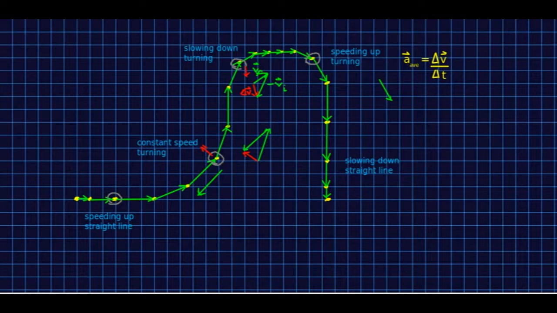And I'm going to copy my negative vi, which is going to point this way. And so here's my delta v. And I'll just copy it in. And you see that it is also not straight to the center of the circle. It's to the center and forward, right? And so again, the part that's pointing in causes the curve. The part that's pointing forward causes the speeding up.